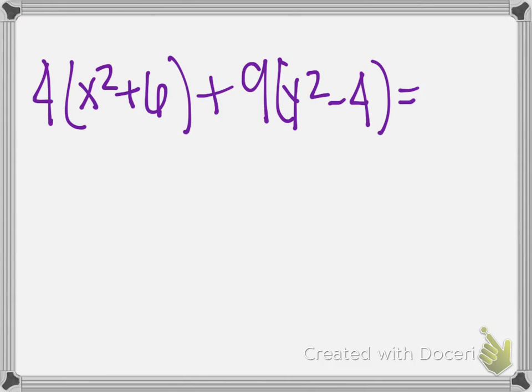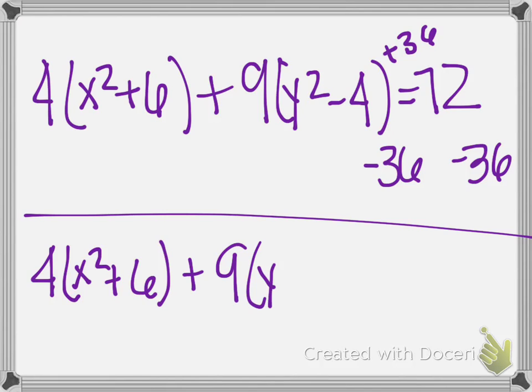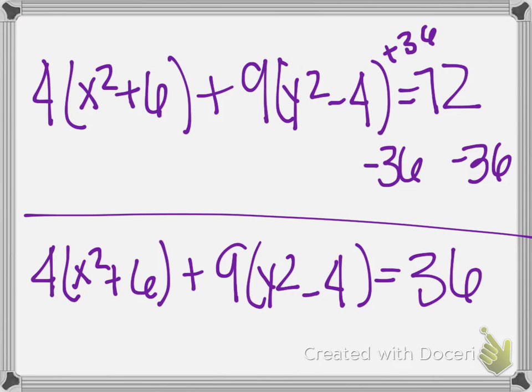So that's the number over here. And then also right here there's a plus 36 from the previous equation. So to get rid of this on the left side and move it over to the right side, we'll subtract 36 from both sides. So that will make your equation 4x squared plus 6 plus 9y squared minus 4 equals 36.